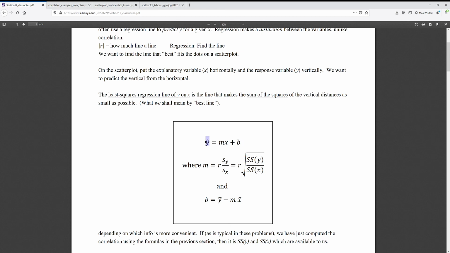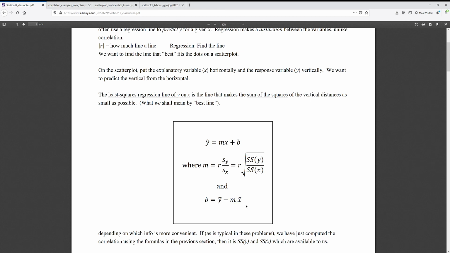So b is y minus mx. But the question arises, which y and which x? The first xy pair, the last xy pair, the middle one? We'll split the difference. We'll use the means. So to find b, we'll use the mean of the y's minus m, m being just found, times the mean of the x's.